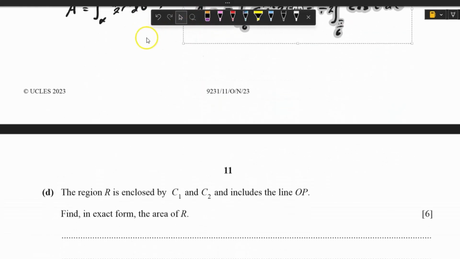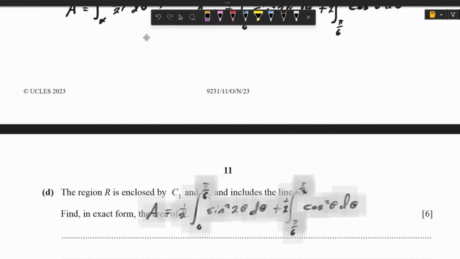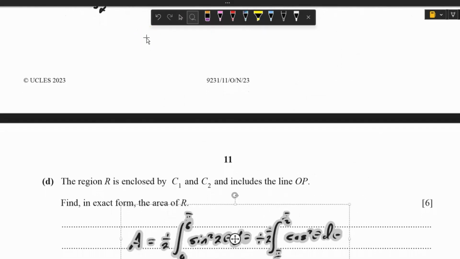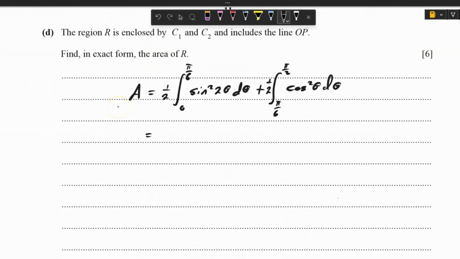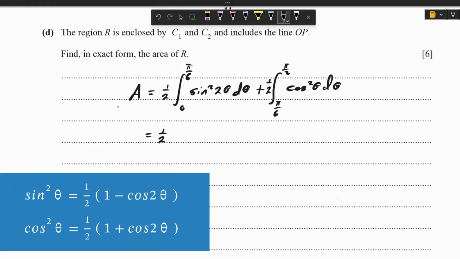So let's use this for finding the required area. This should be equal to half, and integrating sine squared theta and cos squared theta, we are going to use these identities here.